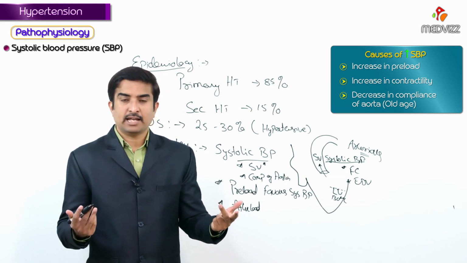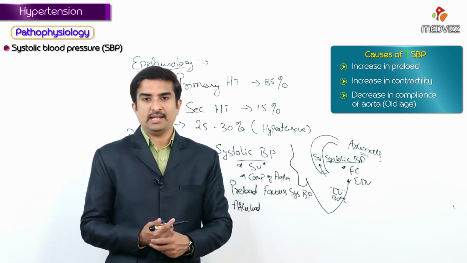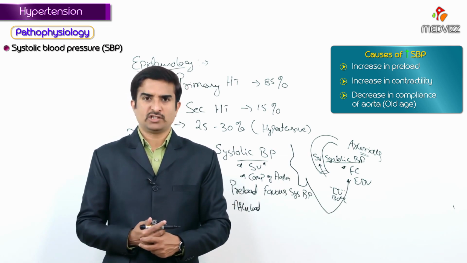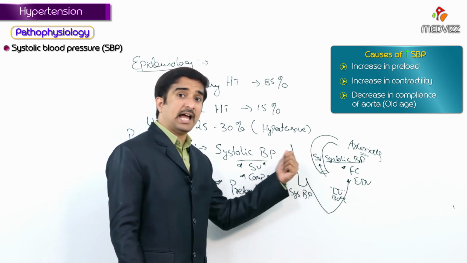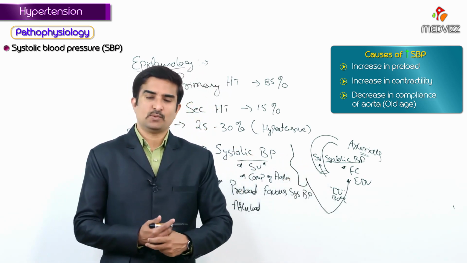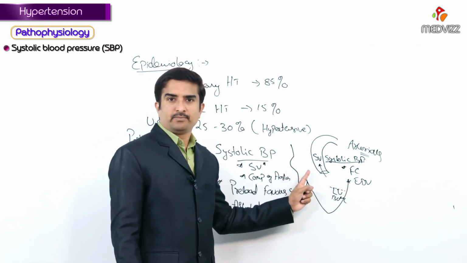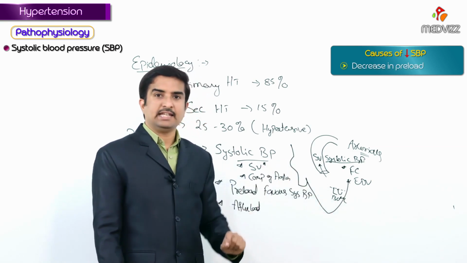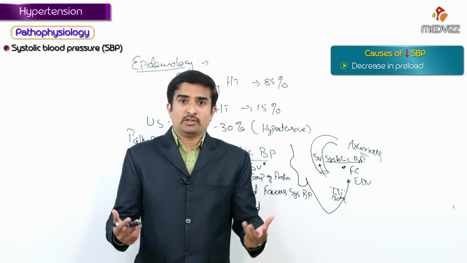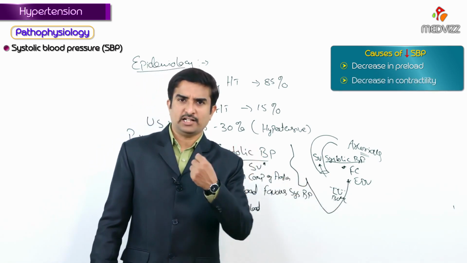Decreased compliance can be seen in older individuals. Approximately, if the patient is aged above 60 years, that is the most common cause for the development of systolic hypertension in those individuals. So a decrease in the systolic blood pressure is caused by a decrease in the preload, which means a decrease in the end diastolic volume, maybe because of a decrease in the venous return, or maybe because of a decrease in the contractility.